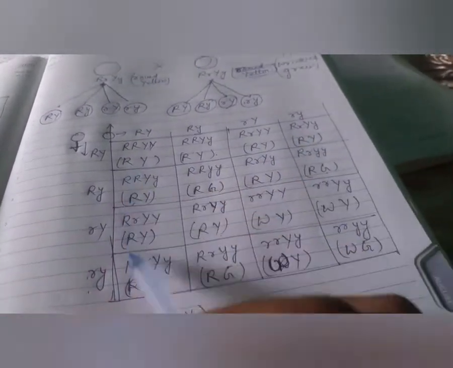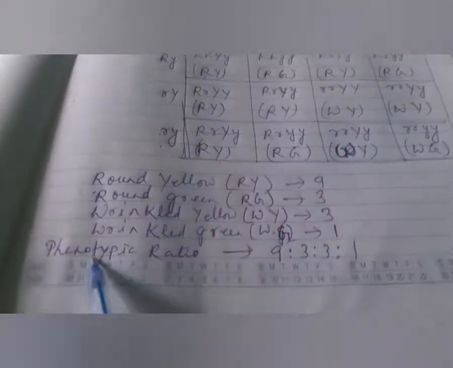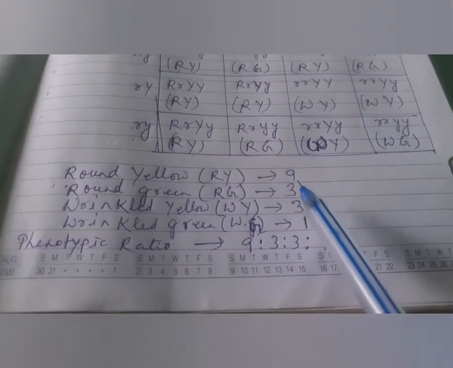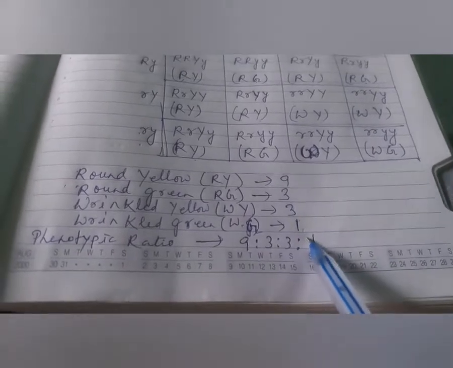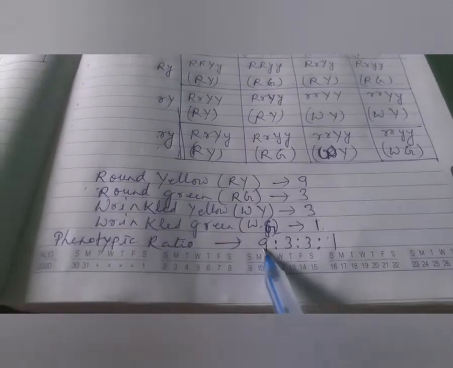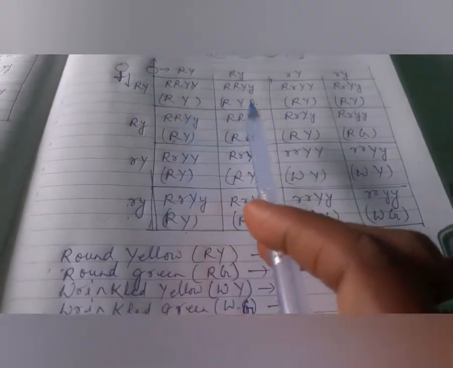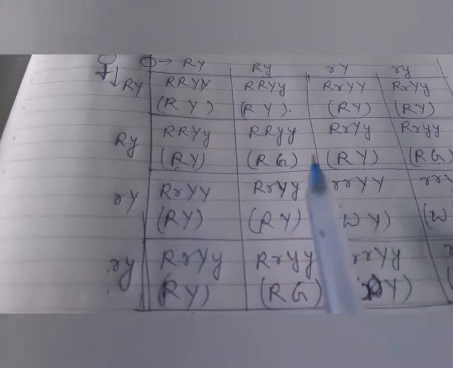In this way we can prepare this cross chart, and what we get from this cross chart is definitely 9:3:3:1. So this is the phenotypic ratio, and the genotypic ratio will be much more complex in this dihybrid cross.